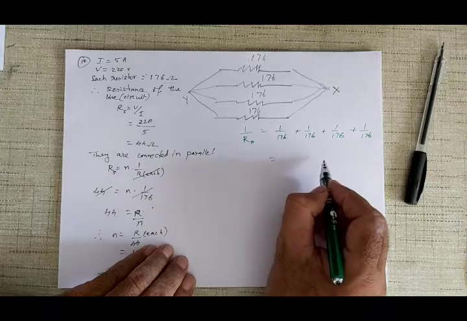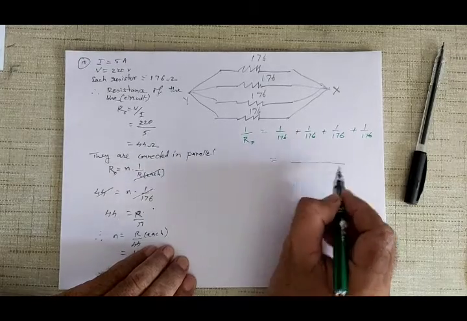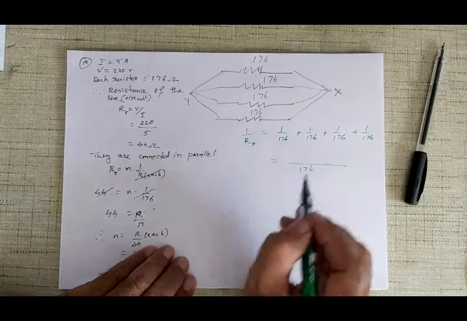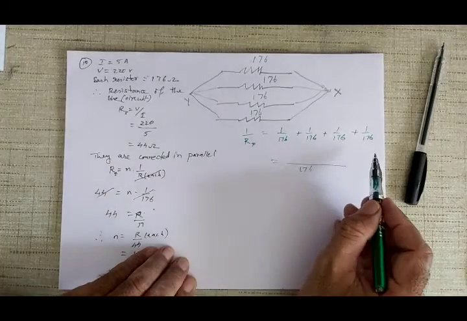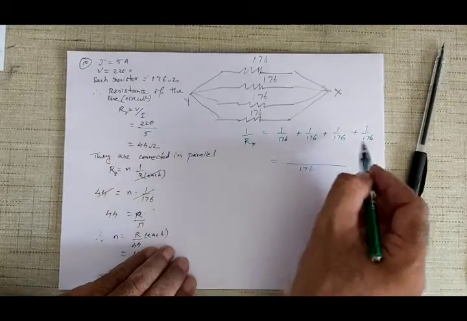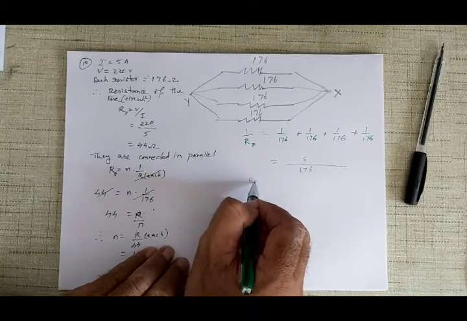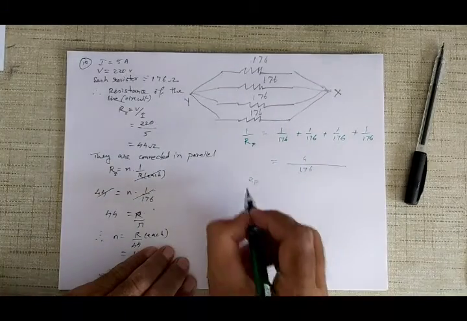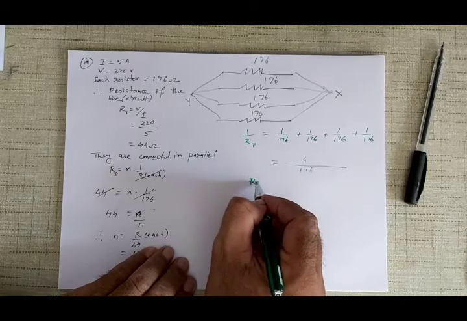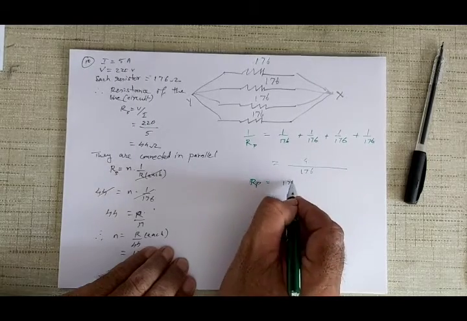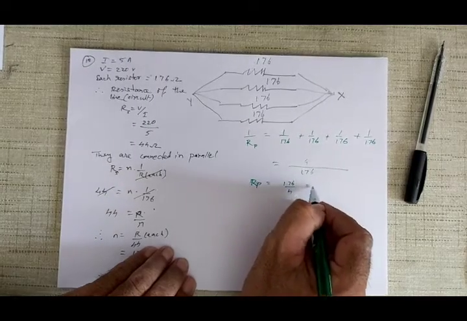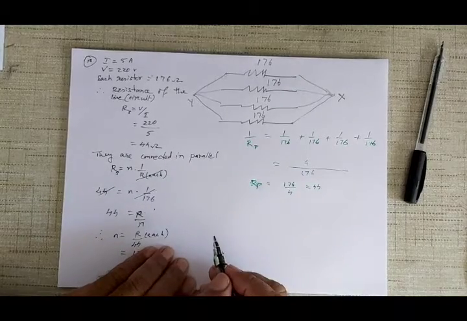Take the LCM, 176 is the LCM. Now all of them are 1 plus 1 plus 1 plus 1, 4. So resistance in parallel will be equal to 176 upon 4, that is equal to 44.